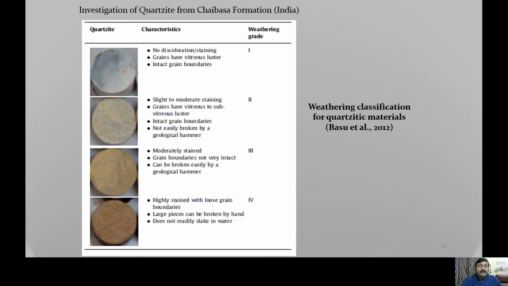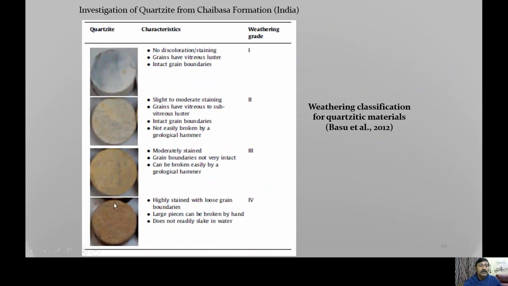Essentially, the minerals which are present in minor quantities, like biotites and some other oxides, give the different appearances of quartzitic materials as weathering grade intensifies, which is pretty clear from this particular table.